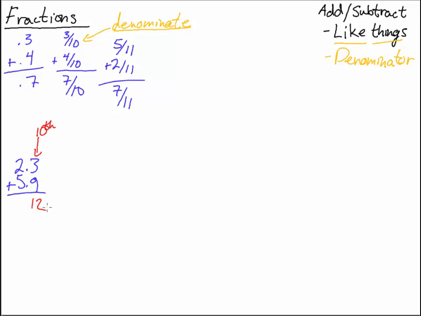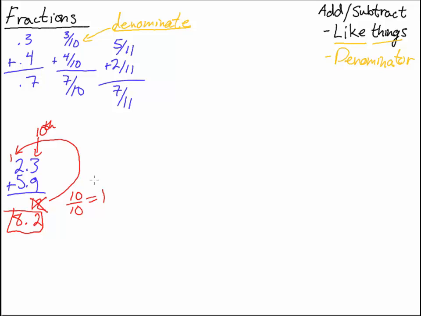And if you're in the tenths column, then 10 of them, 10 tenths, that's what equals 1. So you're taking away 10 of them and carrying up there. That's what's going on. So that's why it's 2 carry the 1. You're actually carrying 10 of them to be 1. And 1 plus 2 is 3, plus 5 is 8. So we get 8.2. And that's where we get that answer.